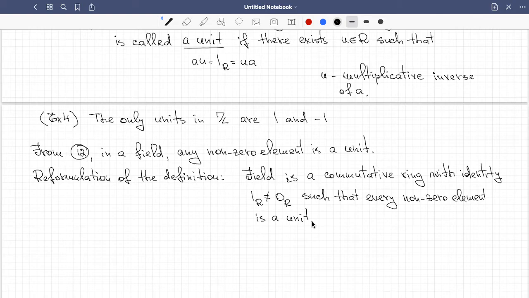So every non-zero element is a unit. This is a field.